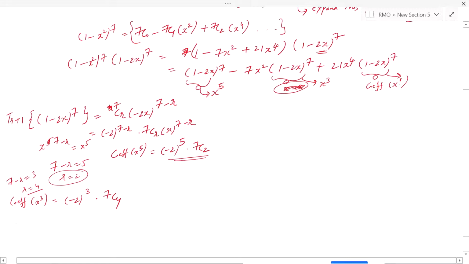And the final one, the coefficient of x: r will be 1, so it's 7C1 into (minus 2) raised to 1.